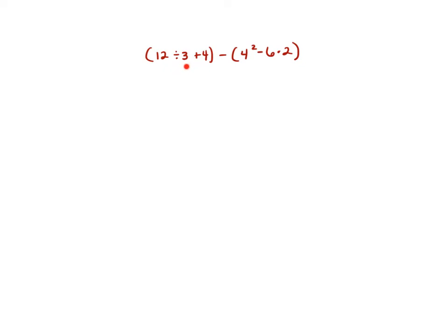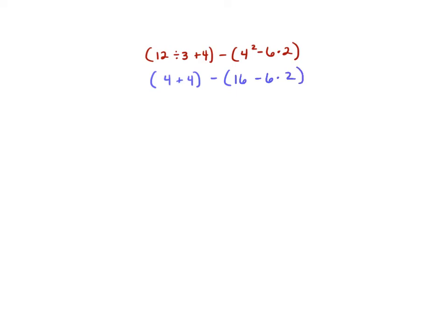Again, inside parentheses, inside this first set, I have to take care of division first. 12 divided by 3 is 4. I can work inside this separate set. I have to deal with this exponent first. 16.